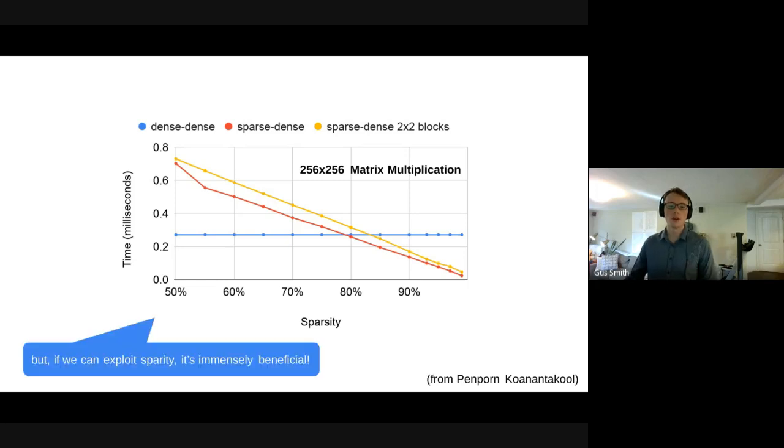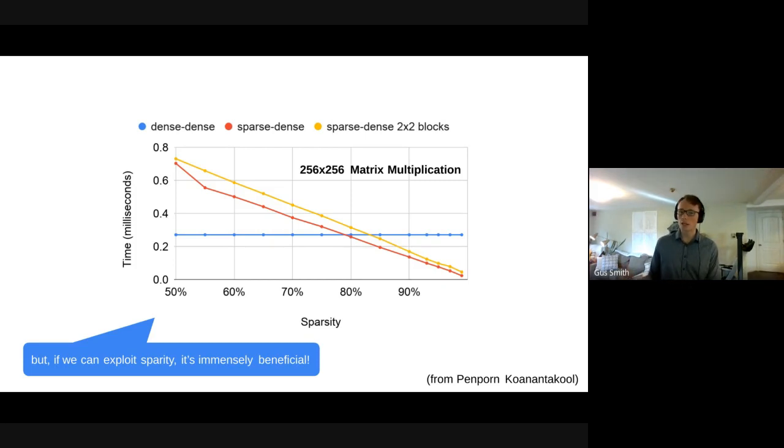But the good news here is that if we can exploit sparsity, it's immensely beneficial. The red line here is really the one to pay attention to. This is a 256 by 256 matrix multiplication. If we just run it in its dense form, that's the blue line. We don't see any increase in performance as our sparsity increases.